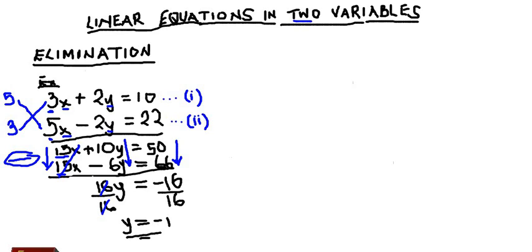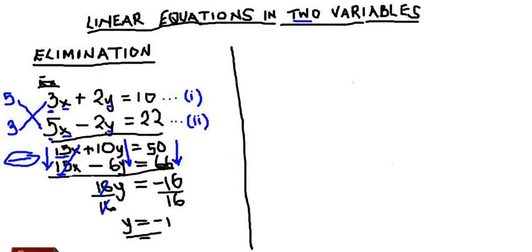According to step number 6, we are now supposed to repeat this procedure where we eliminate the variable y. Remember, we started by deciding to eliminate the variable x.